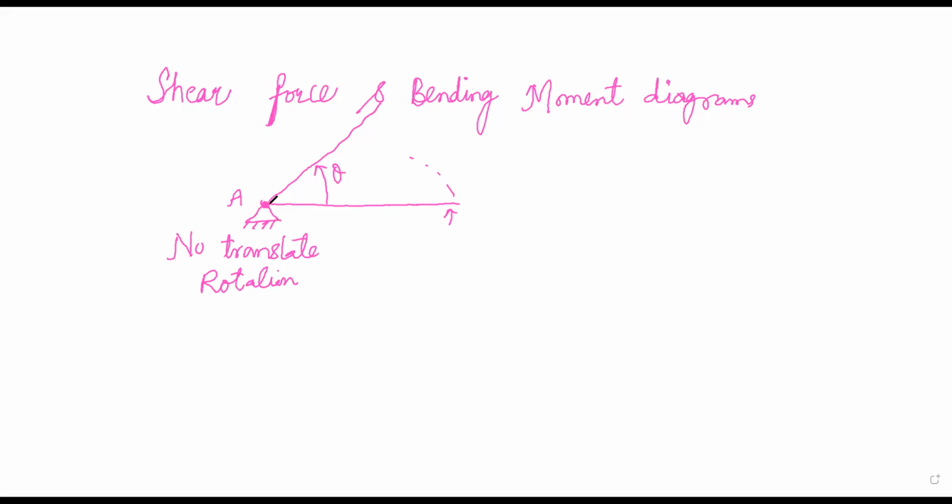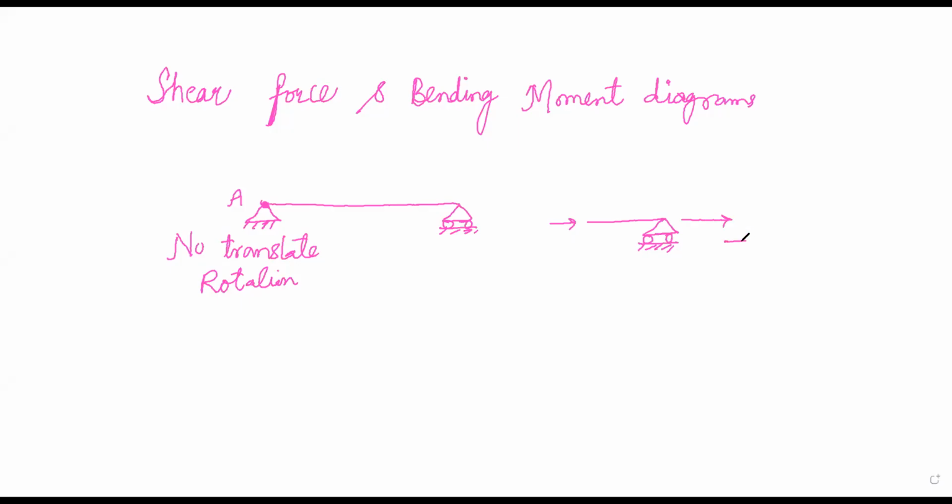And on the other end, we are using what is known as the roller support. The roller support is the support at which the beam translates. If you have a roller like this and you apply a force in this direction, then this roller will move in this direction.